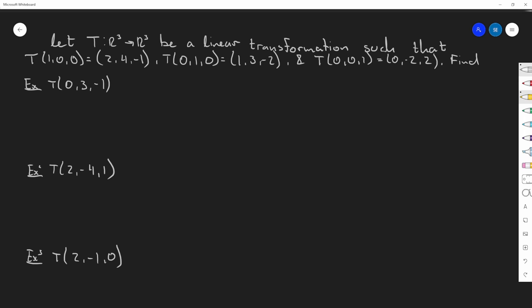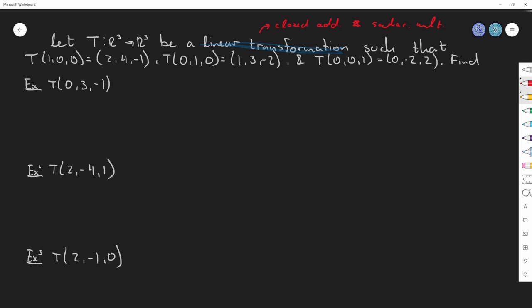So how are we going to do this? Well, there are some keywords that you have to understand. The first one is that this function is a linear transformation. If you recall, a linear transformation means that it is closed under addition and scalar multiplication.